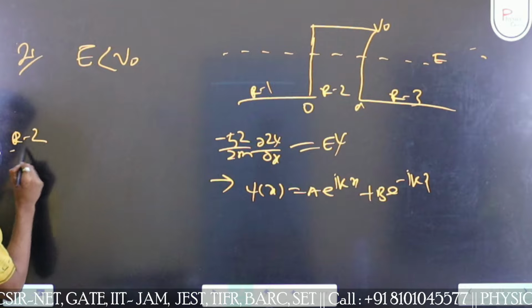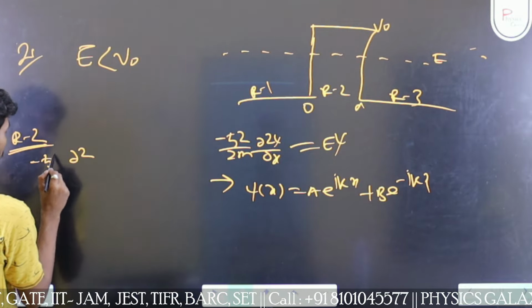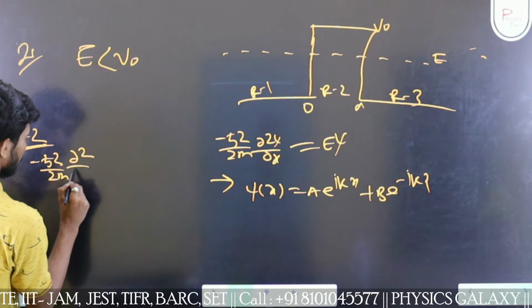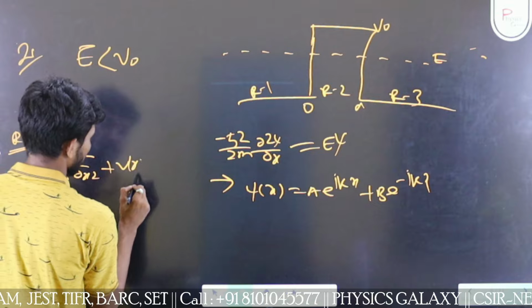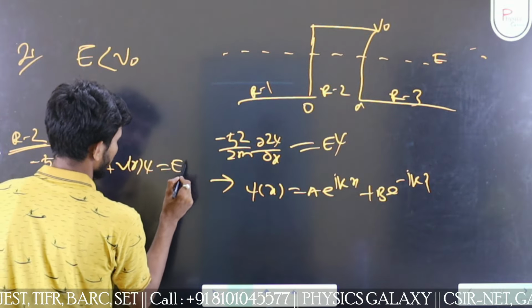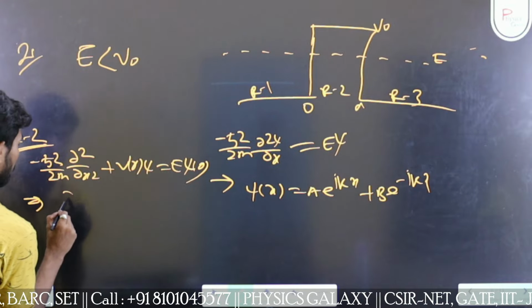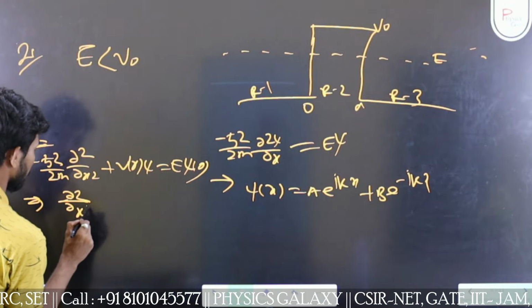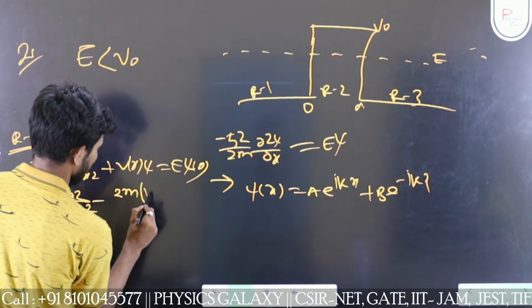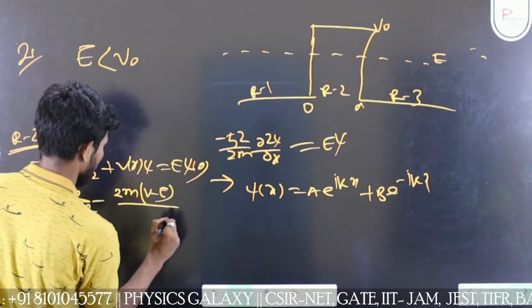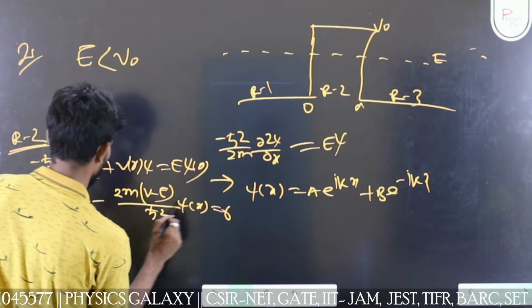for region 2, the Schrodinger equation is minus h square by 2m del 2 psi del x2 plus V of x psi equal to E psi, so del 2 psi del x2 minus 2m (V minus E) divided by h square psi of x is equal to 0.